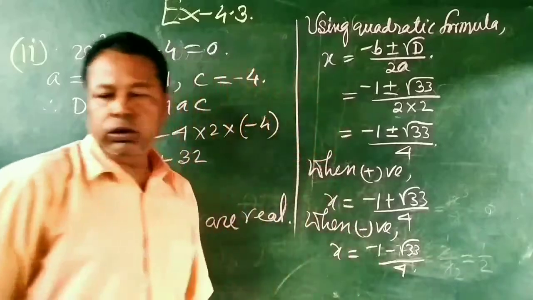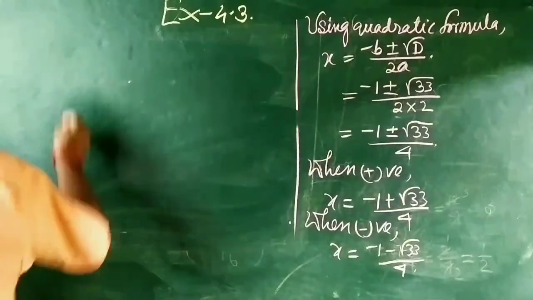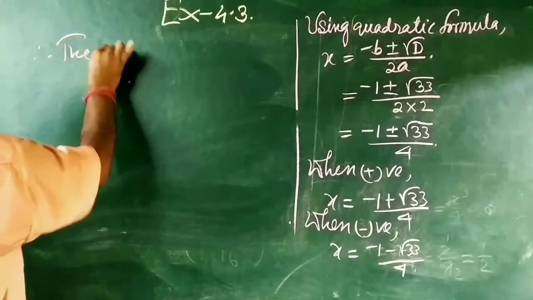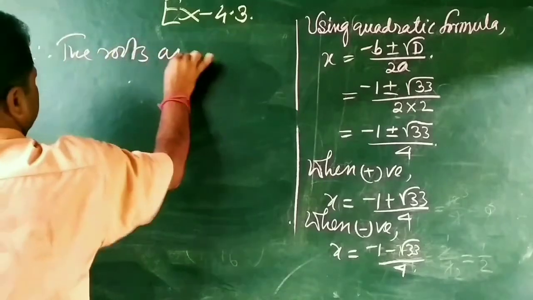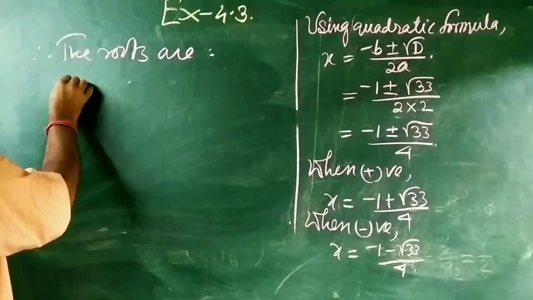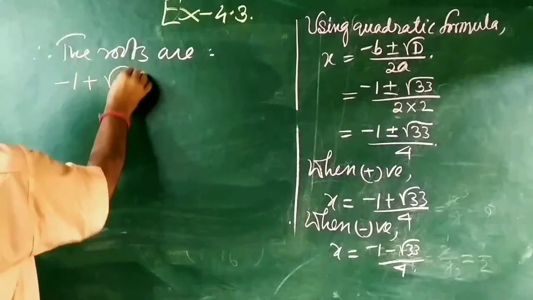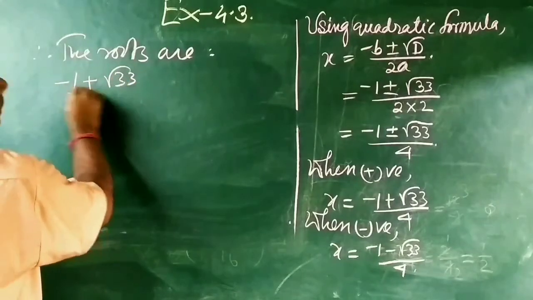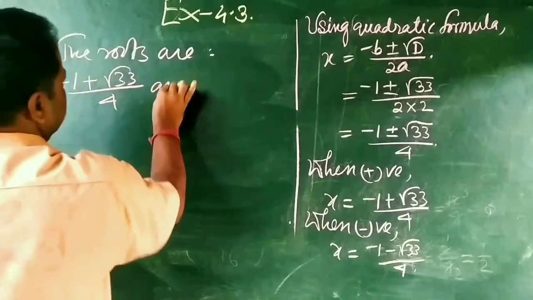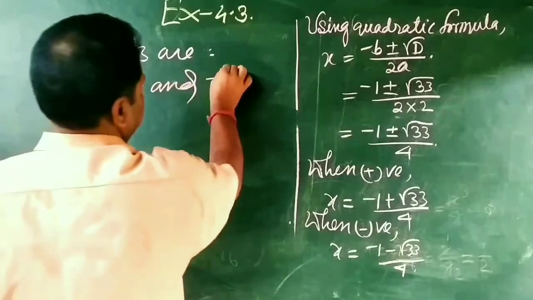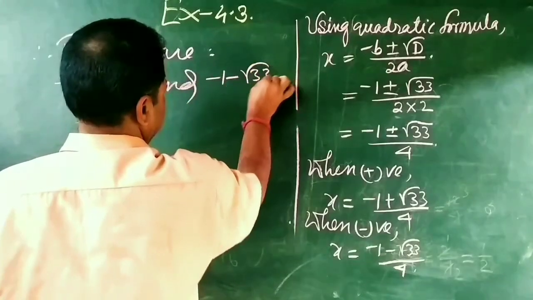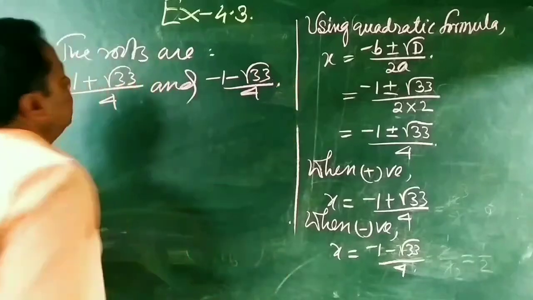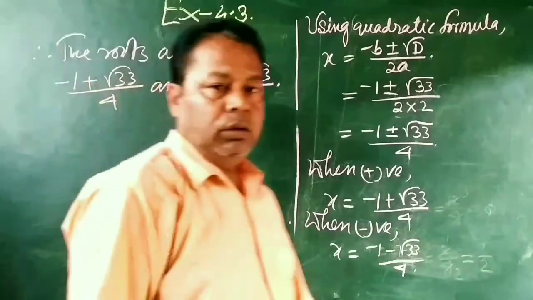Now all the roots came out. Therefore the roots are minus 1 plus root 33 by 4, and the other one is minus 1 minus root 33 by 4. So all the roots we are getting.